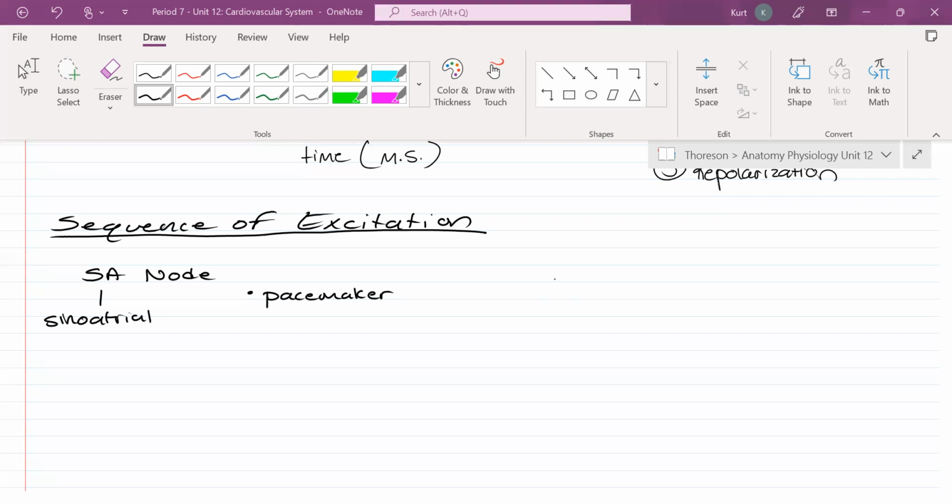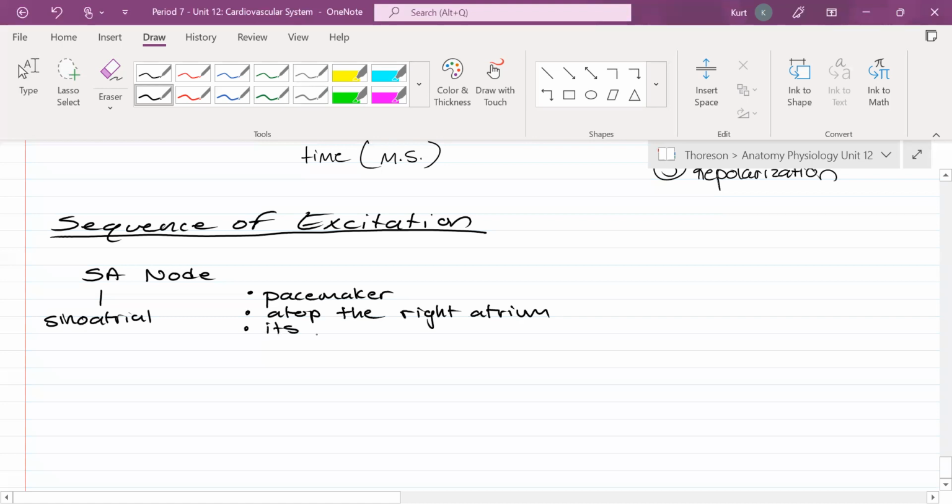But the sinoatrial node is located atop the right atrium. Its signals result in the atria.